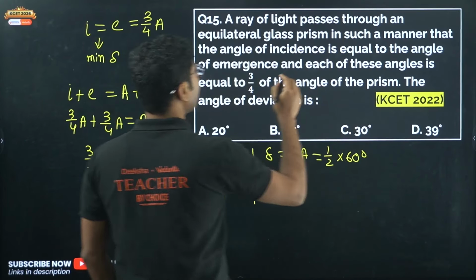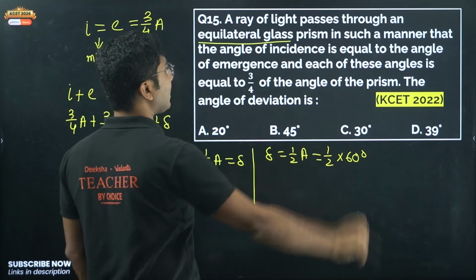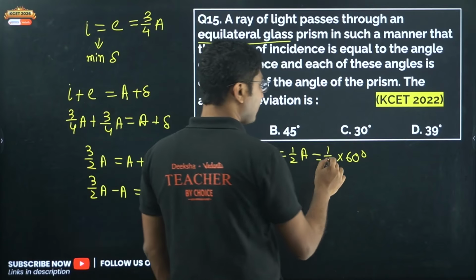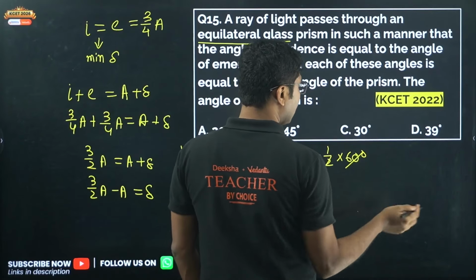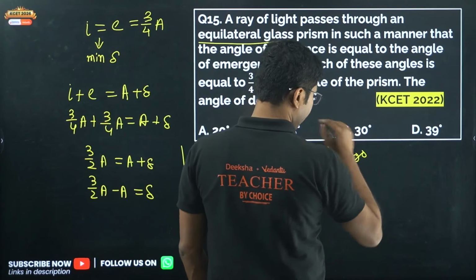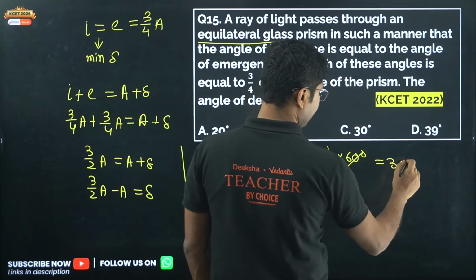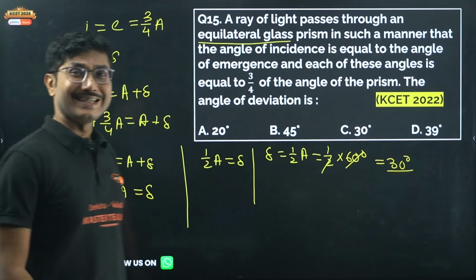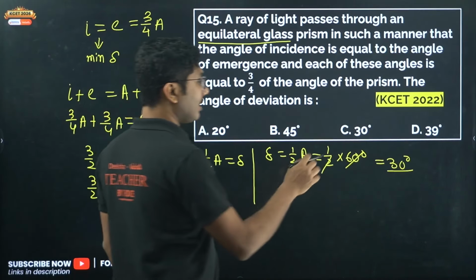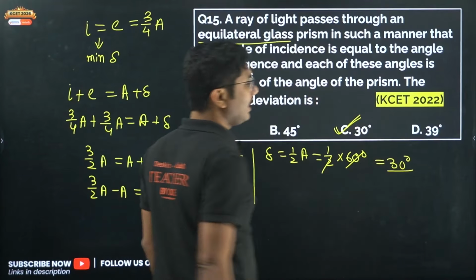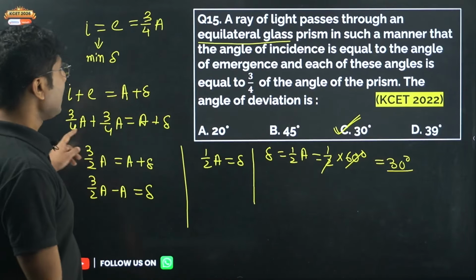Why 60 degrees? Because it is mentioned equilateral glass prism. Equilateral glass prism means all sides are equal, that means all angles are 60 degrees. So angle of the prism will also be 60 degrees. So we can say that the angle of deviation will be 30 degrees in this particular case.